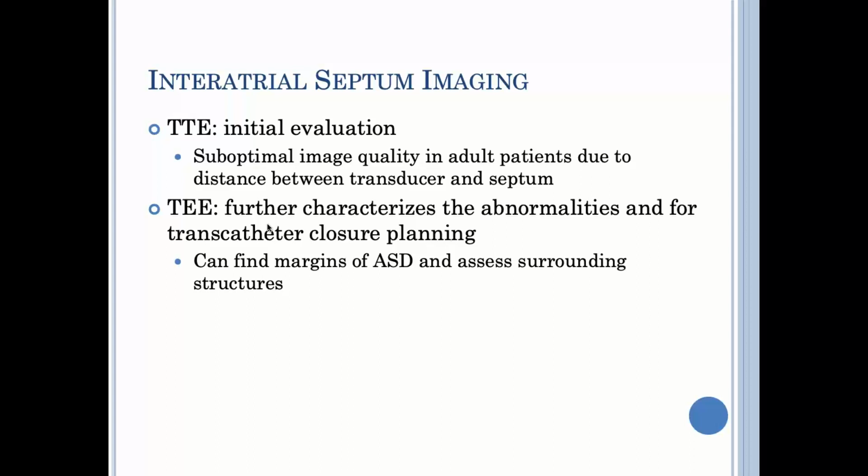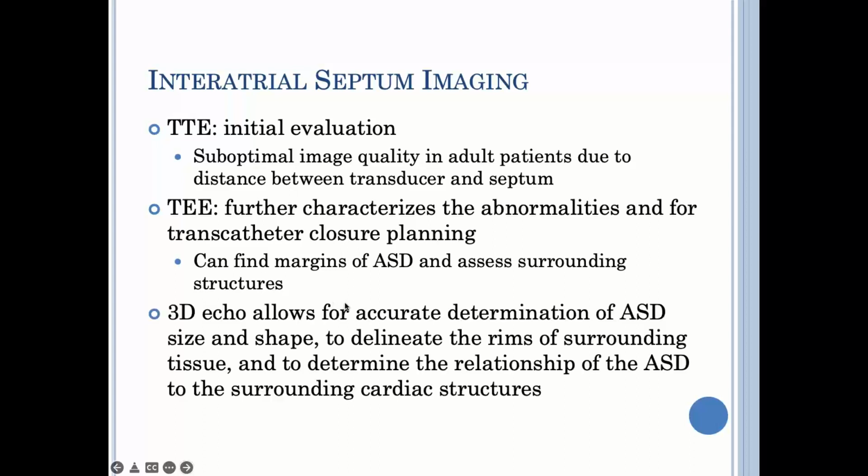Also, in cases of secundum ASDs where transcatheter closure needs to be planned, a TEE is required. And TEE can help define the margins of the ASD. They can look at the surrounding structures. They can find out if there are additional defects associated with the ASD as well.